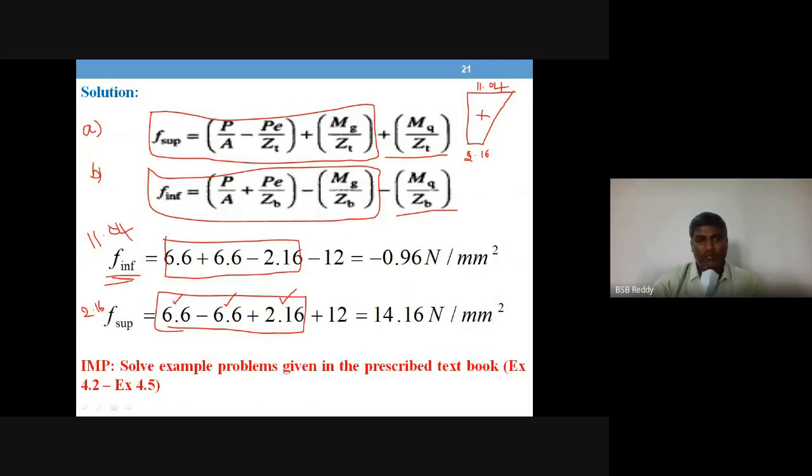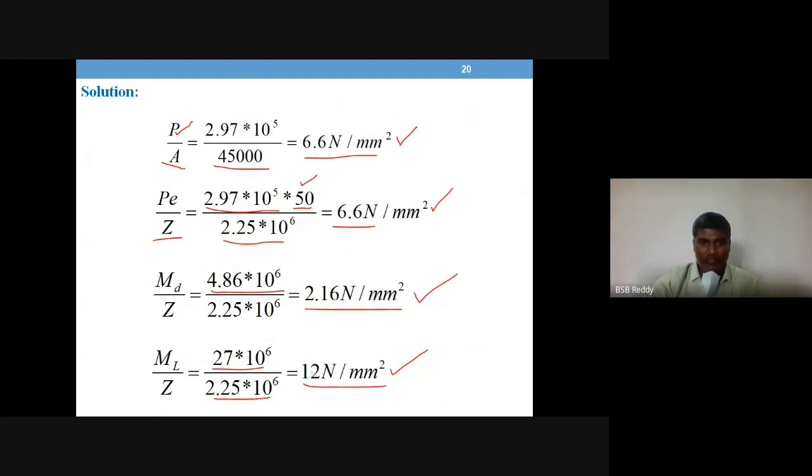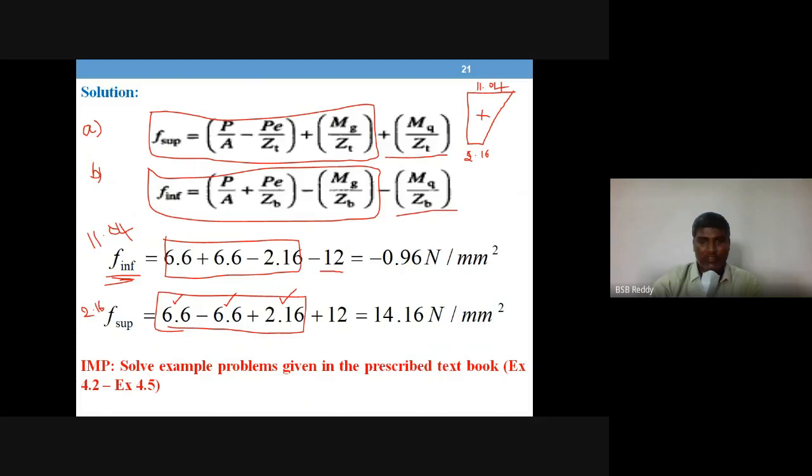For the bottom, add the stress from live load, which is 12; the bottom goes into tension, so I use minus 12, and top compression plus 12. Finally it comes to bottom minus 0.96, which means 0.96 tension at the bottom, and top 14.16 compression.